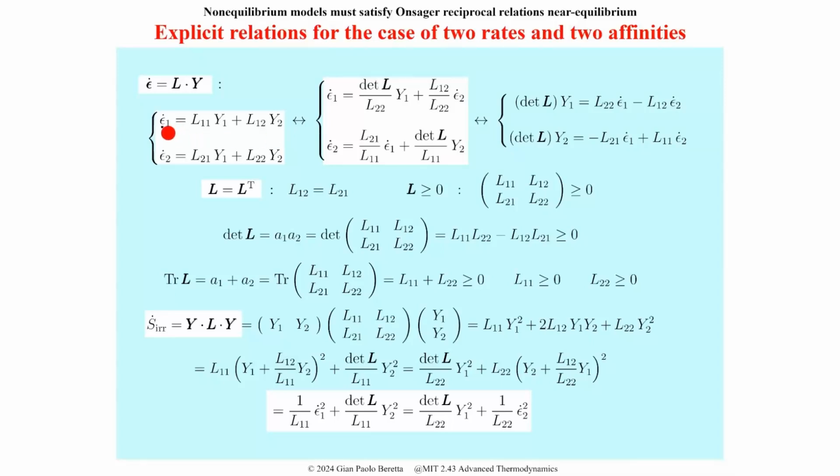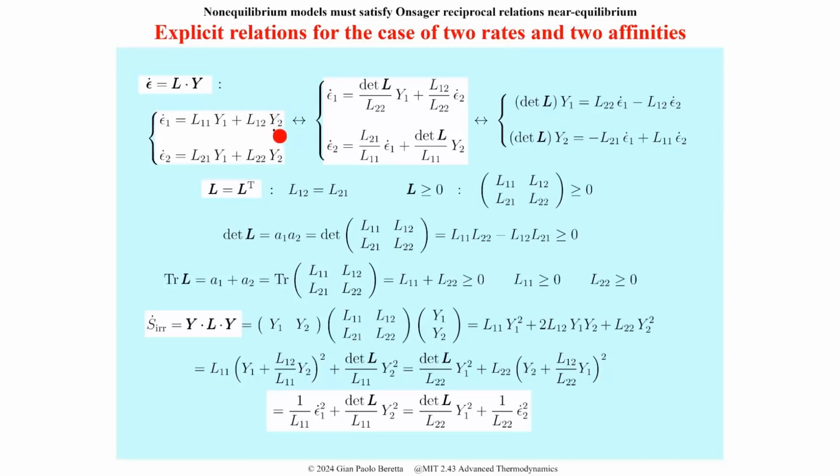So that's the linear relation. It says that the rate of reaction 1 is partly due to the fact that reaction 1 is in disequilibrium, epsilon 1, but also it's coupled with the disequilibrium of reaction 2.